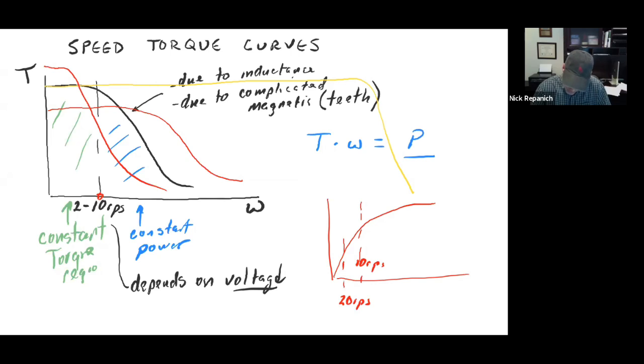So over here, you only developed this much torque compared to when it slowed down, you had that much torque. And when it was going 1 rev per second, you had time to develop full torque. Again, this is current versus time in an inductor.